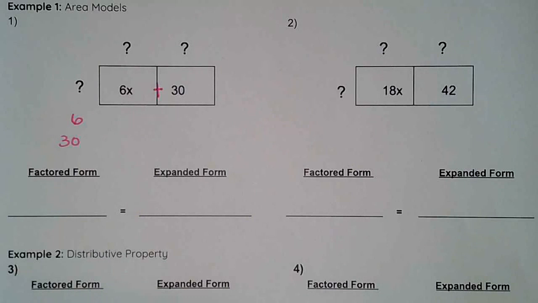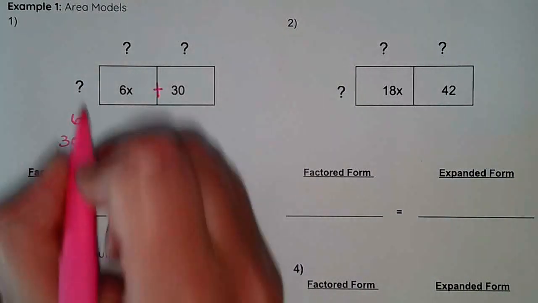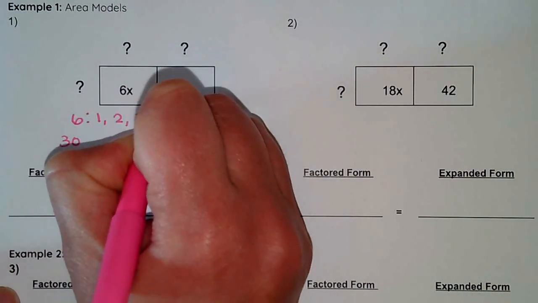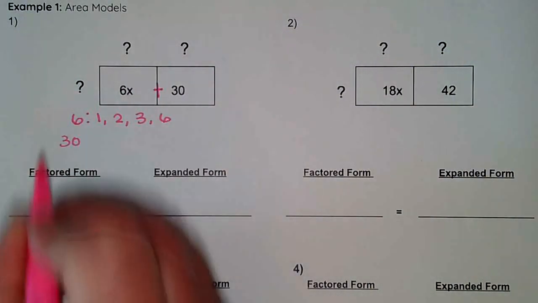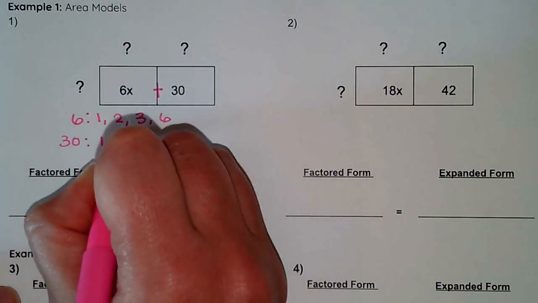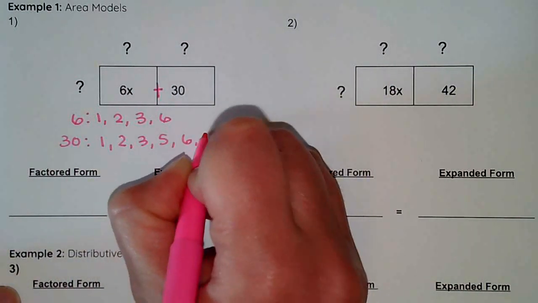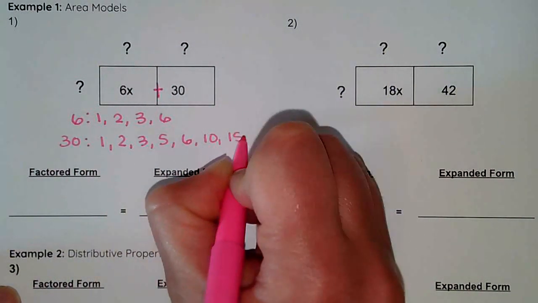I don't want to just pull out 2 and call it a day. I want this to be as factored as possible. My factors of 6 are 1, 2, 3, and 6. My factors of 30 are 1, 2, 3, 5, 6, 10, 15, and 30.